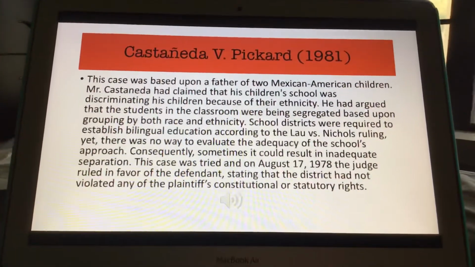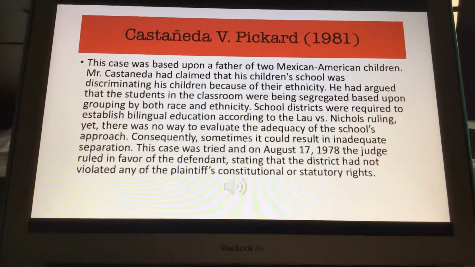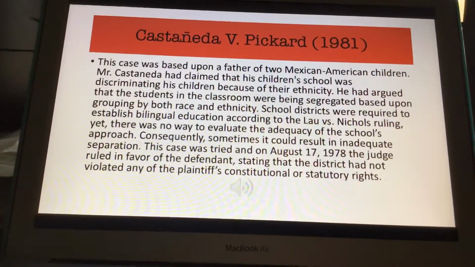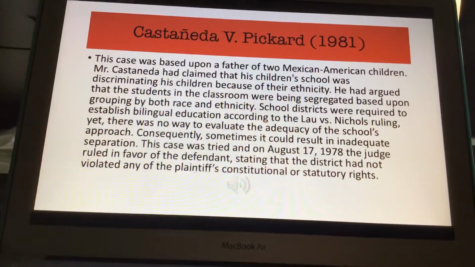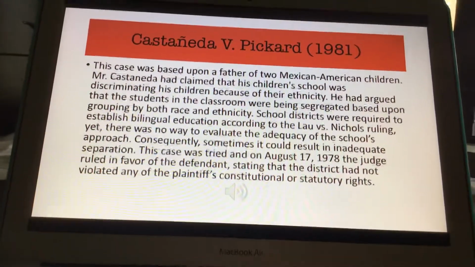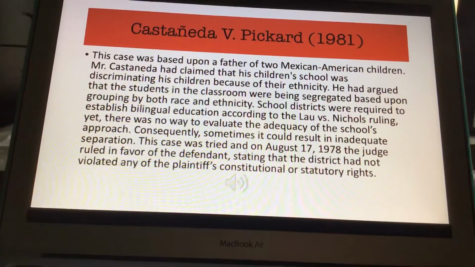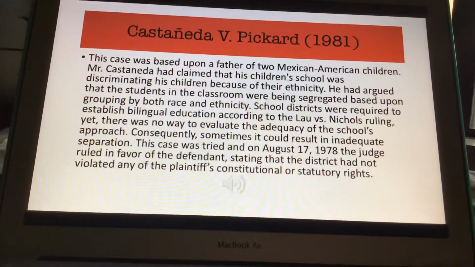The Casadena v. Pickard of 1981. This case was based upon a father of two Mexican-American children. Mr. Casadena had claimed that his children's school was discriminating against his children because of their ethnicity. He had argued that the students in the classroom were being segregated based upon grouping by both race and ethnicity.